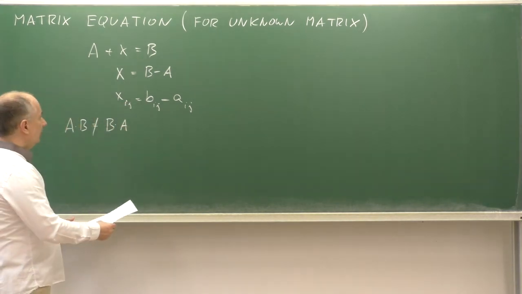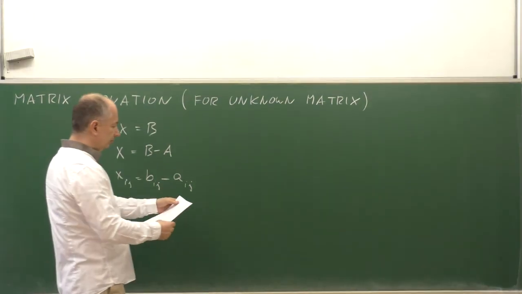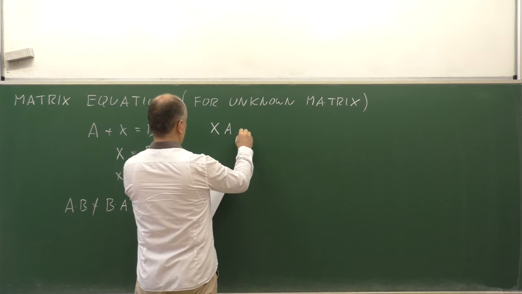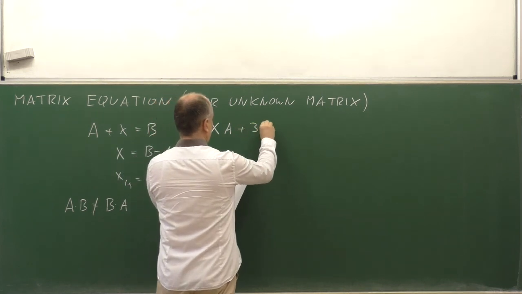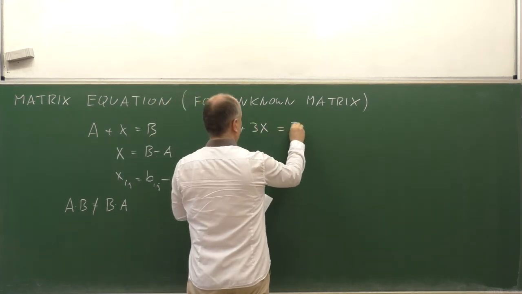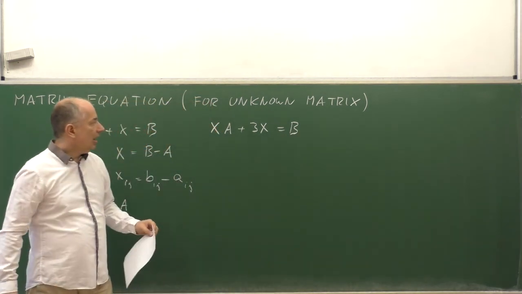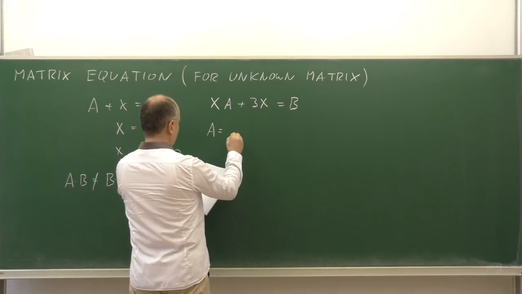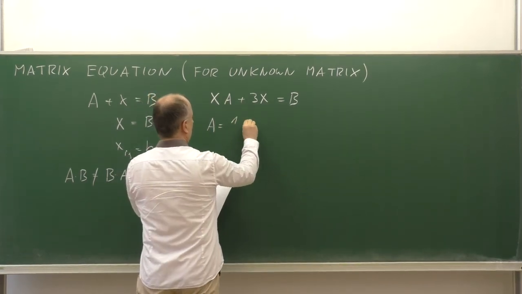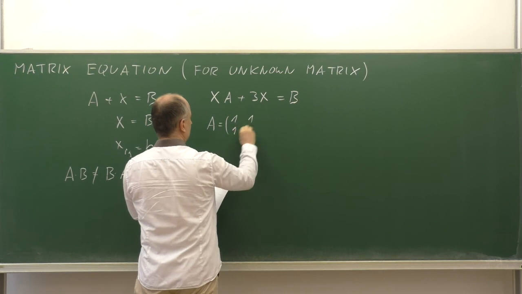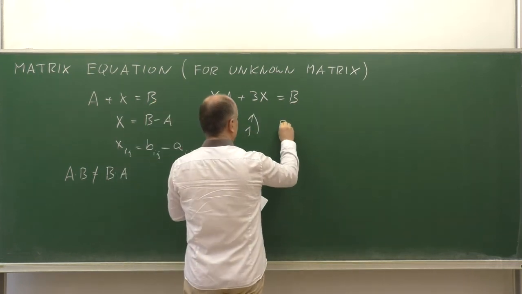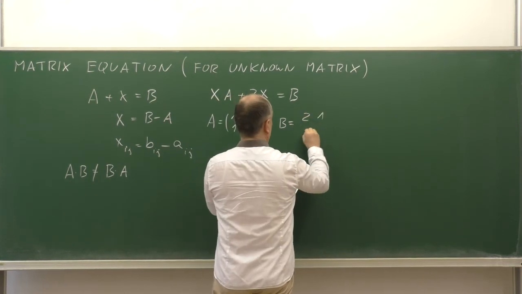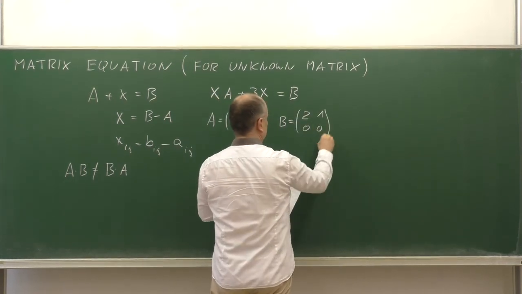So consider the following equation. X times A plus 3X is equal to B. And A and B are two given fixed matrices, namely A is 1, 1, 1, 1, and B is the matrix 2, 1, 0, 0.